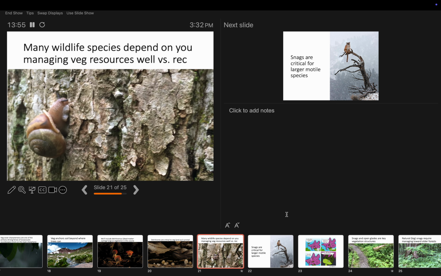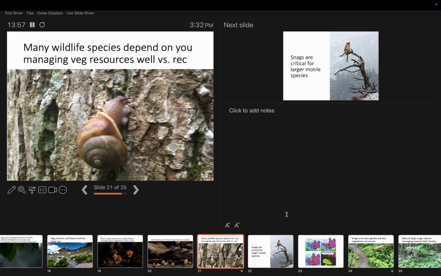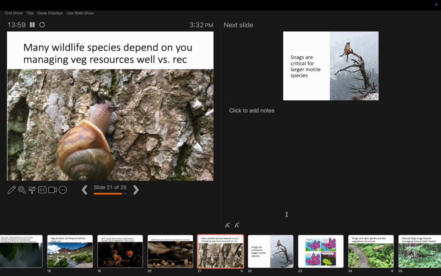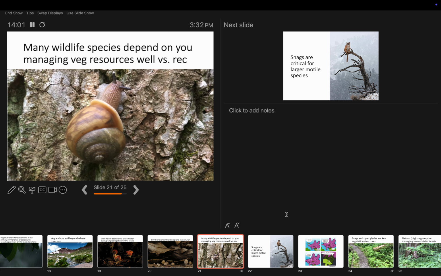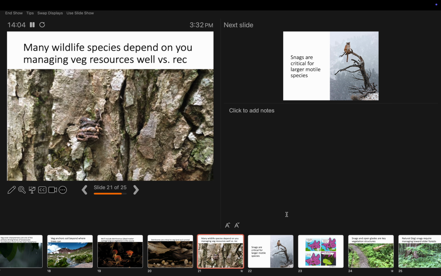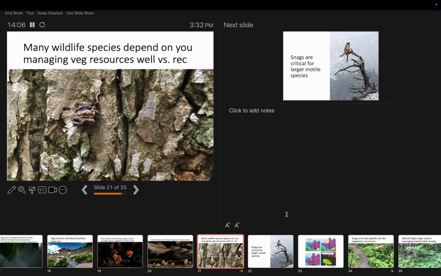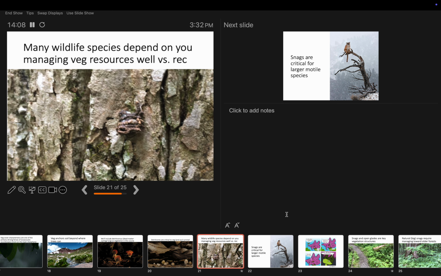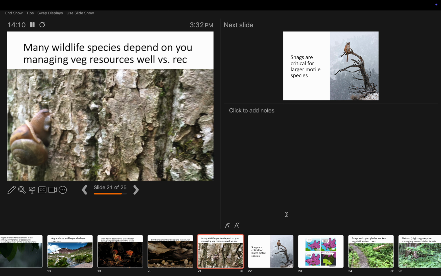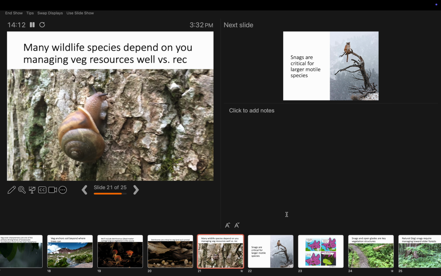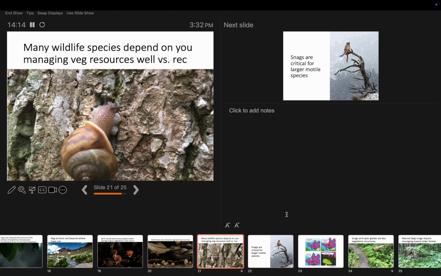And of course, your wildlife species are inextricably dependent on your local vegetation composition, structure, and function. All right? So for all of these reasons, this is just a long catalog or list of values that we attach to vegetation resources, both as recreation managers and as recreationists.